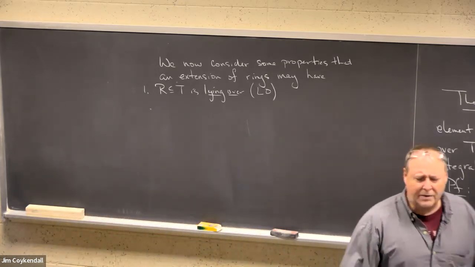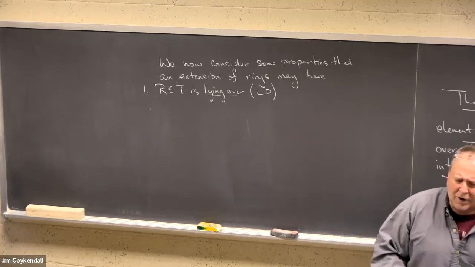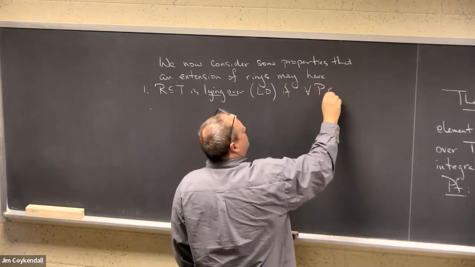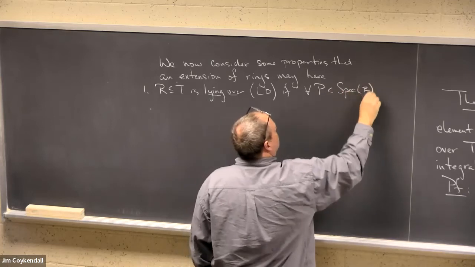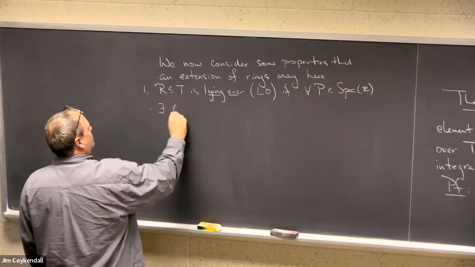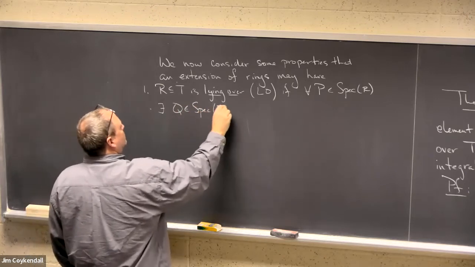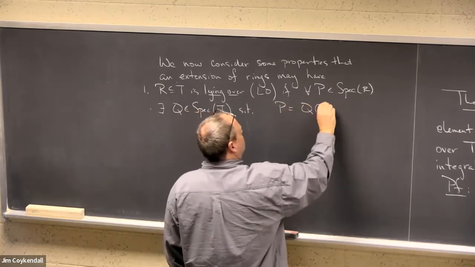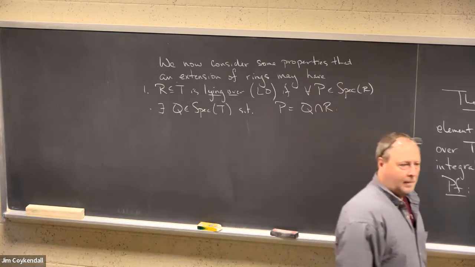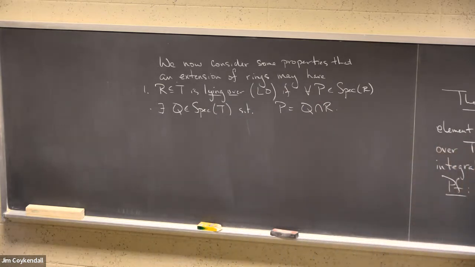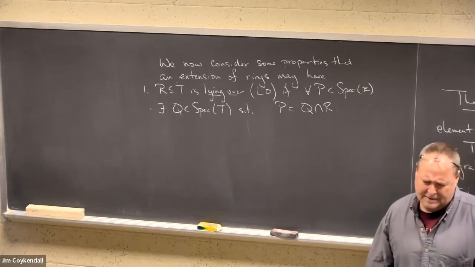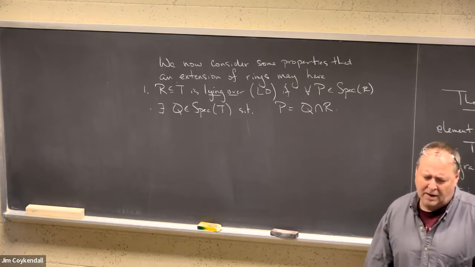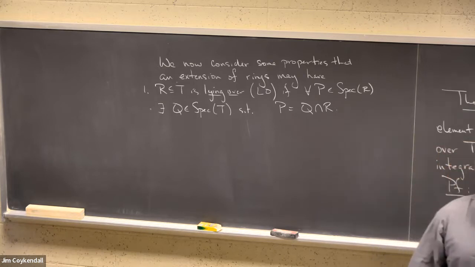The extension has lying over if any prime in R is contracted from a prime in T. That is, for any prime ideal down in R, there's a prime ideal upstairs that contracts to it.